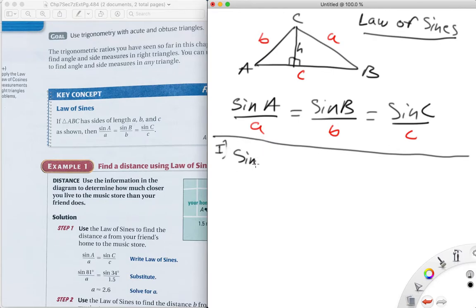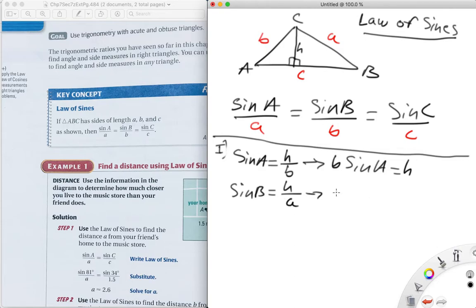Sine of A is equal to opposite over hypotenuse, which is H over B. If I multiply both sides by B, I have B sine of A equals H. I can also use the other right triangle and say sine of angle B is also opposite over hypotenuse.